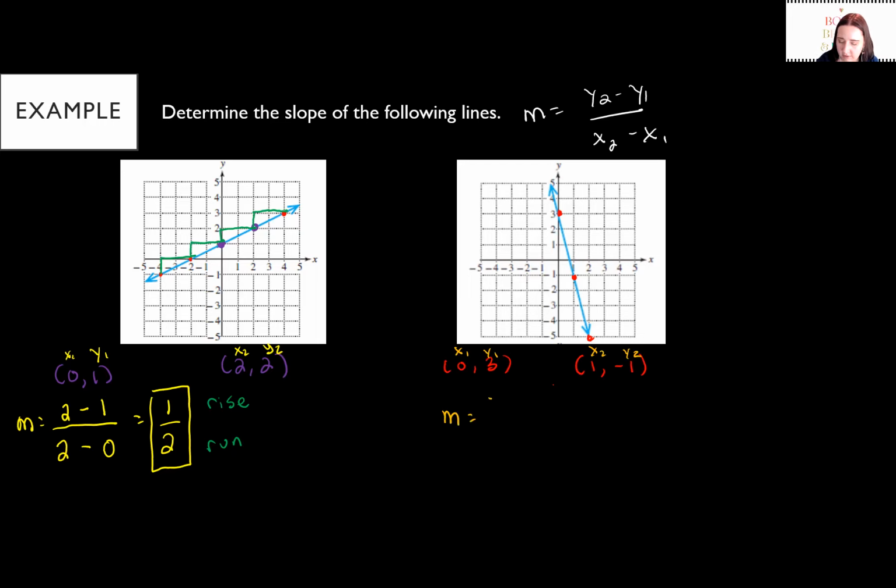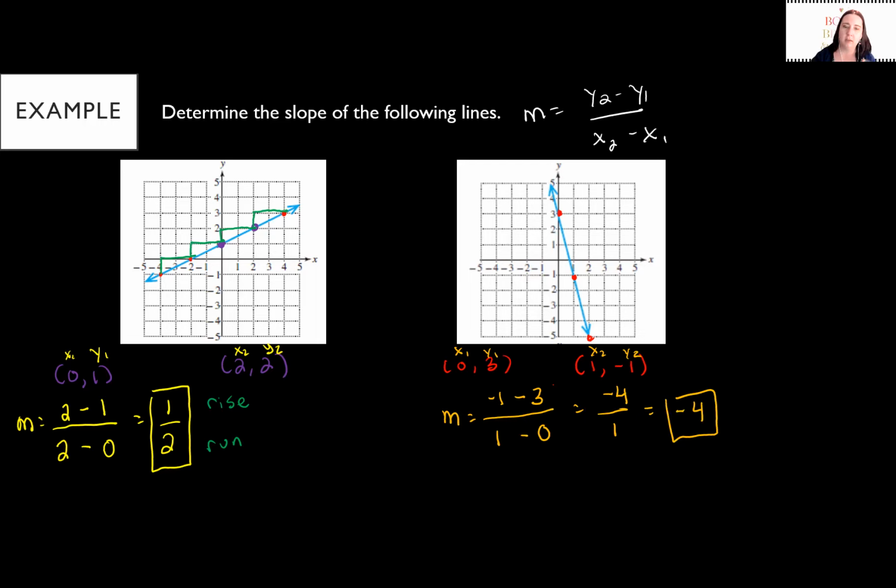So y2 is -1 minus y1, which is 3. And then x2 is 1 minus x1, which is 0. So we get -1 minus 3, which is -4. 1 minus 0 is 1. And -4 divided by 1 is just -4. So this is a slope of -4.